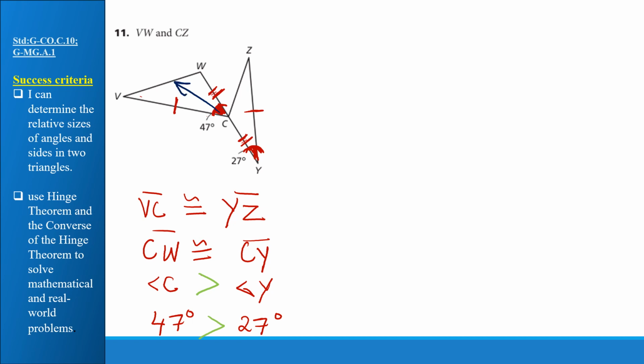The opposite side of angle C is VW. So if angle C is bigger, VW is bigger. Then what is the opposite side of Y? That is CZ. So VW is bigger than CZ.